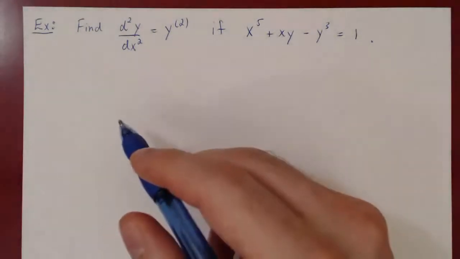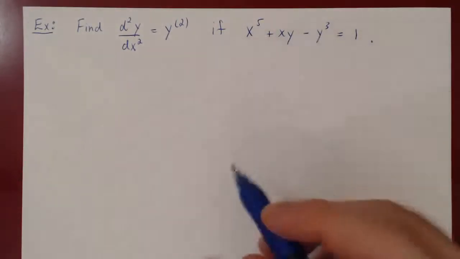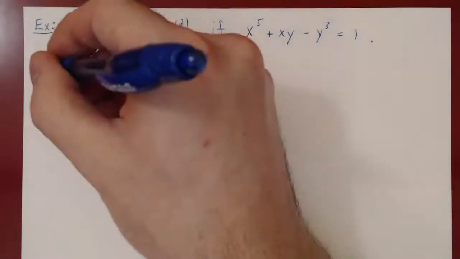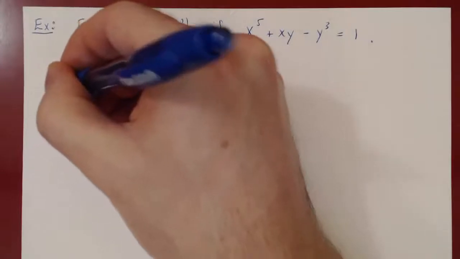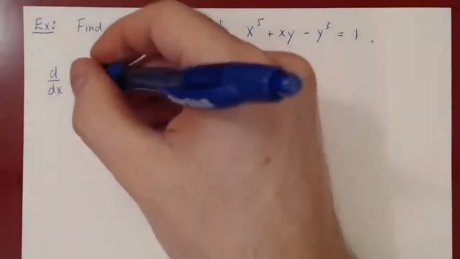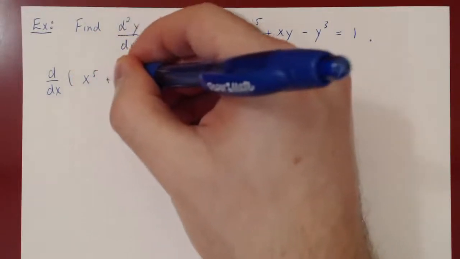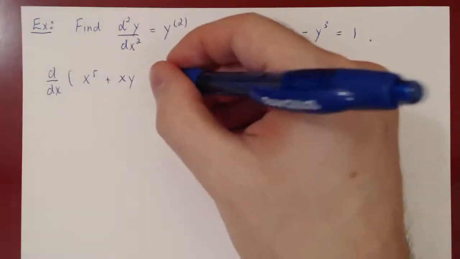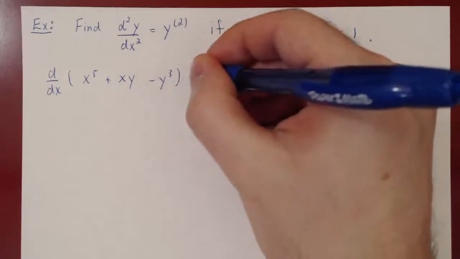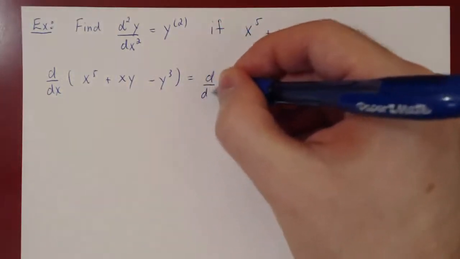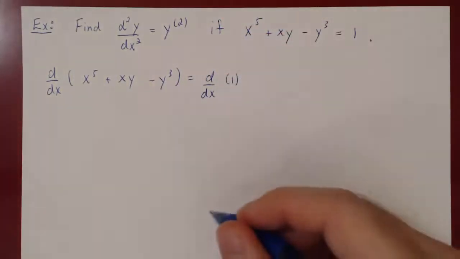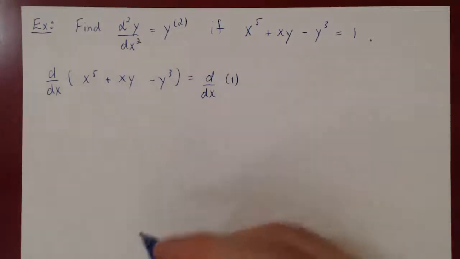Both sides, if we think of y as a function of x, both sides are equal as functions of x. So we differentiate both sides with respect to x. The left-hand side is x to the 5 plus xy minus y cubed. This will be the same as the derivative of 1. Let's differentiate both sides.